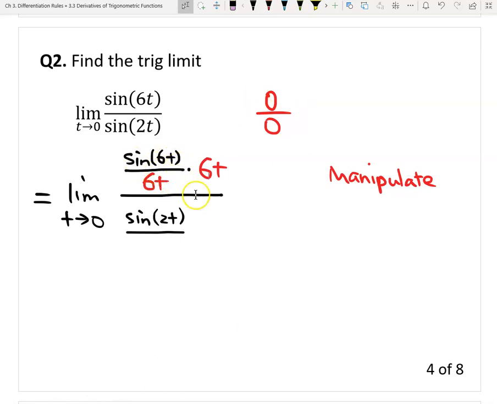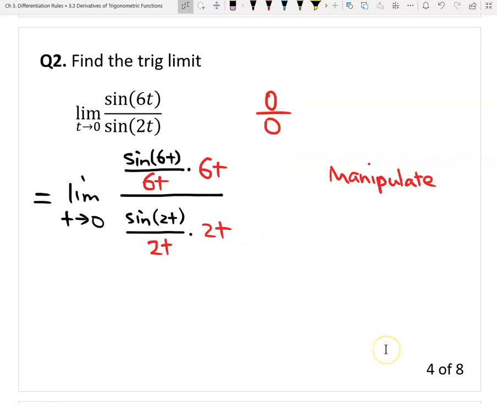Do the same to the bottom: divide by 2t and then multiply by 2t. Then we cancel 2t, that's the original. So this is all we need to do for the manipulation.